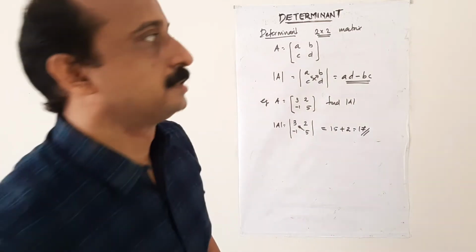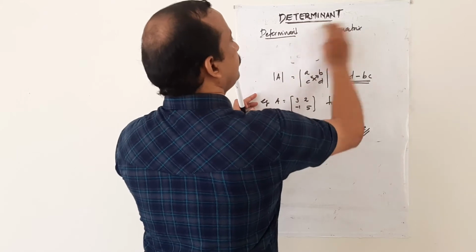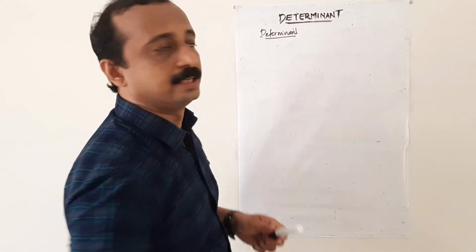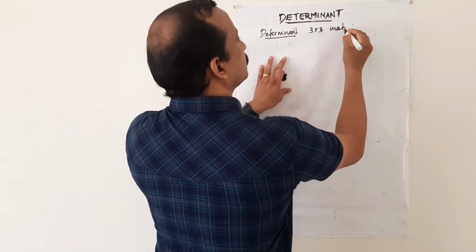Now let us discuss the determinant of a 3 by 3 matrix. How to find the determinant value of a 3 by 3 matrix? It's also very simple.